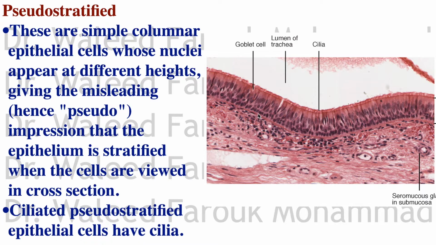This is why it acquired the pseudo name. And this is how it looks when viewed in cross section. Ciliated pseudo-stratified columnar epithelium is almost exclusively found in the respiratory tract. This is a cut section of the trachea.